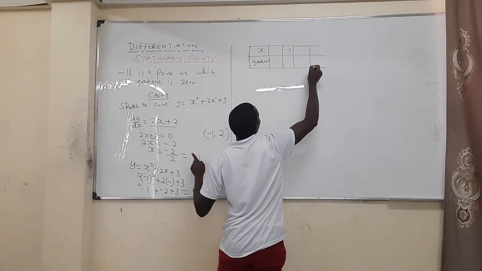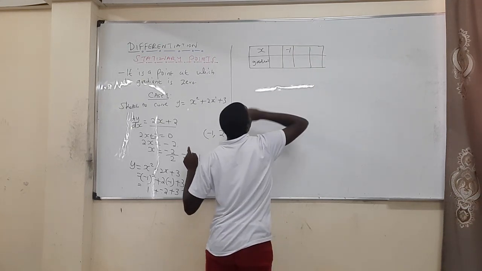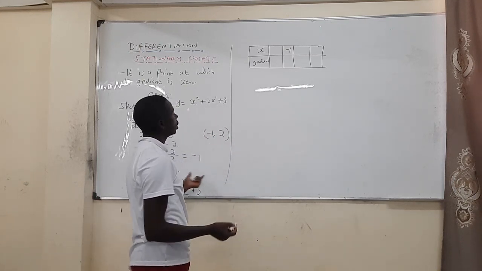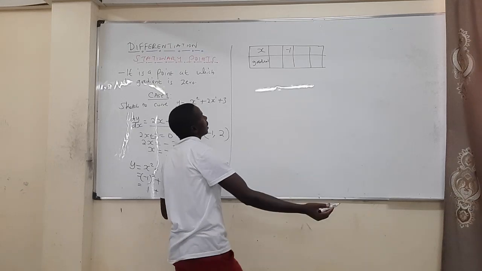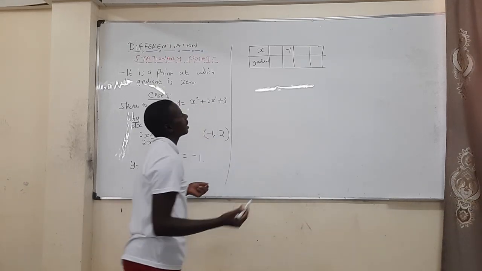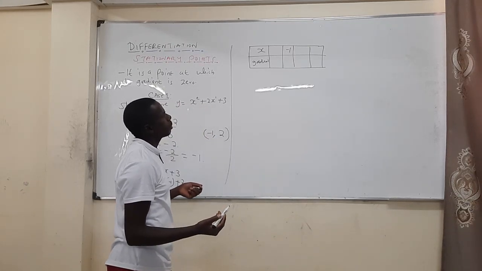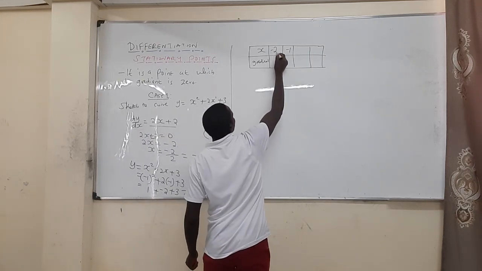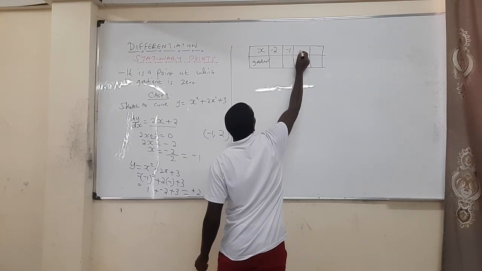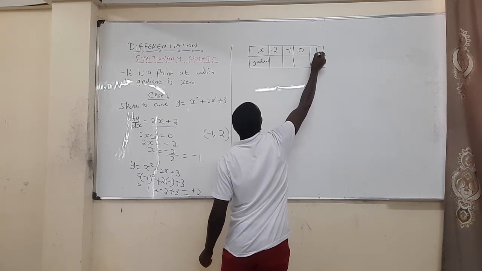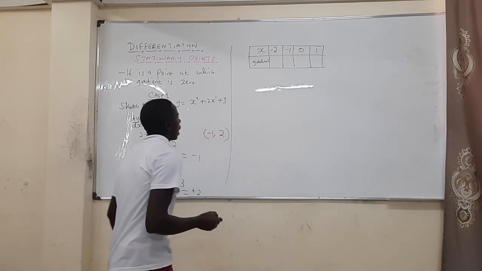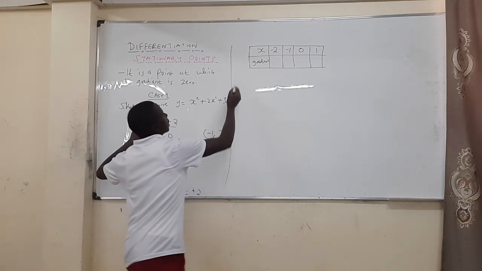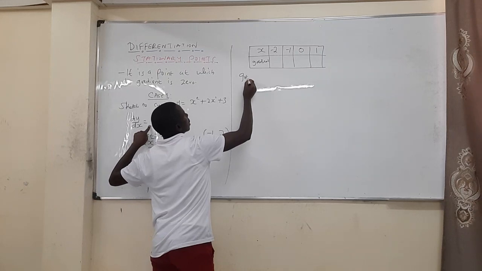We look at how the gradient behaves on the left hand side and on the right hand side. You can have maybe minus 2 here, and on the right hand side you can have 0 and maybe 1.